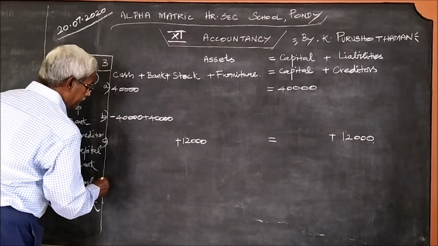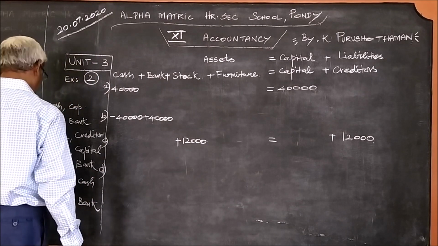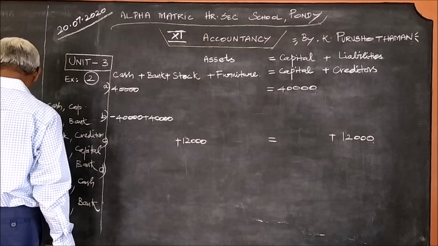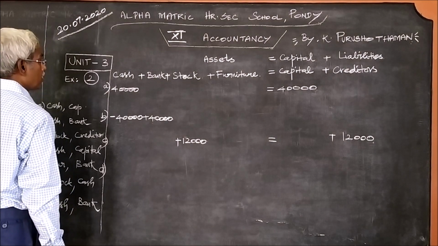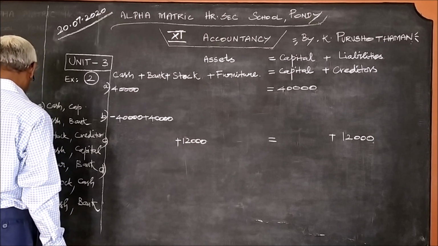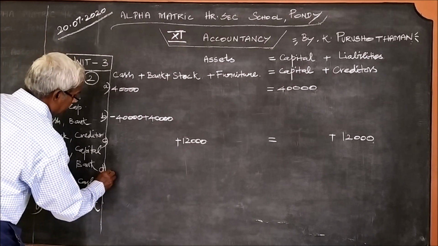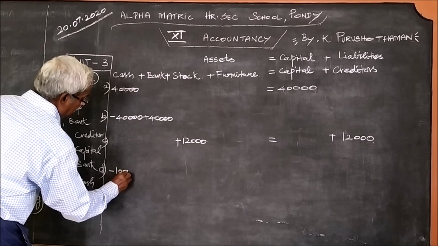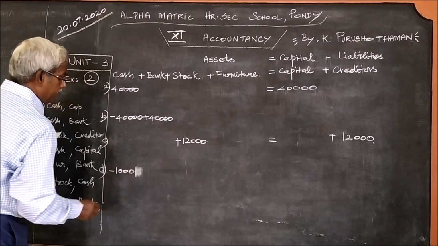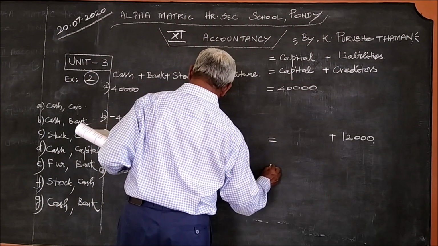Then after C, D. What is D? Raj withdrew cash for personal use. 1,000 rupees cash. It reduces automatically the capital also.